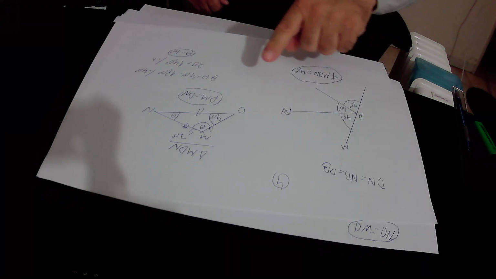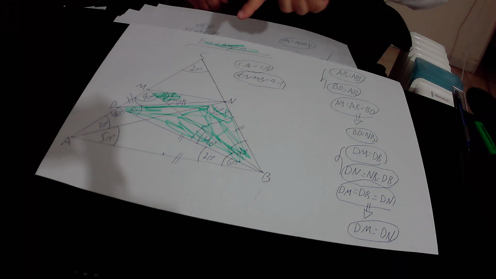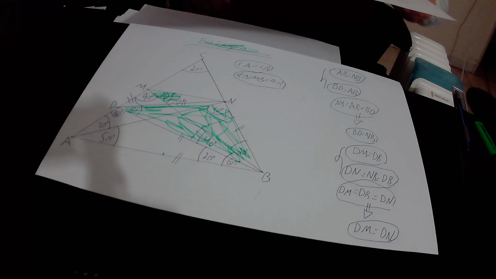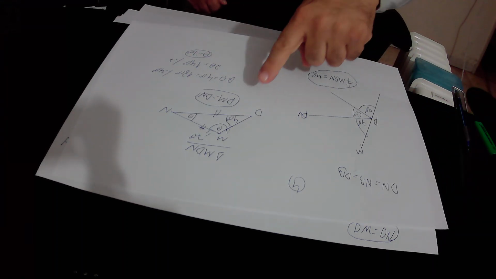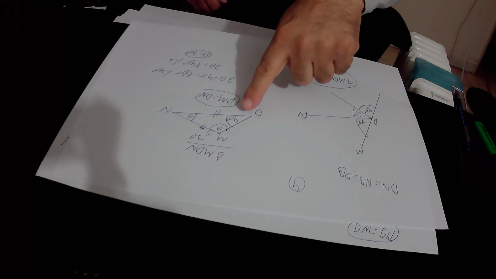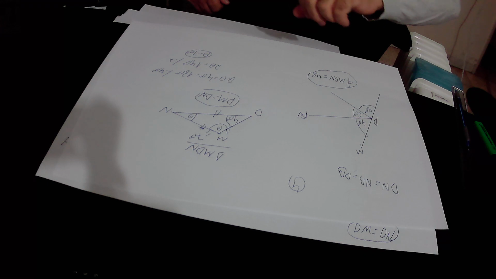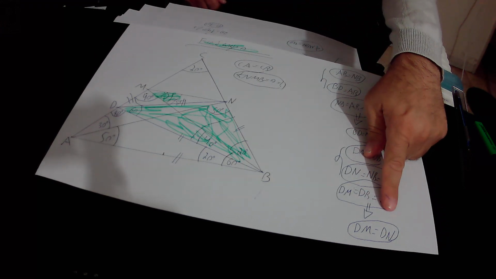Then I copy triangle MDN in this new page and we analyze it. So this is triangle MDN that I copied from the original drawing. We just found out that angle MDN equals 40 degrees in size. And we've already found out that DM equals DN.